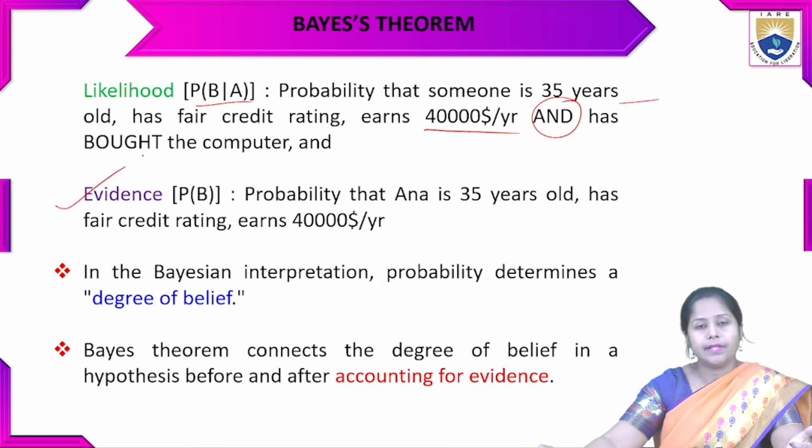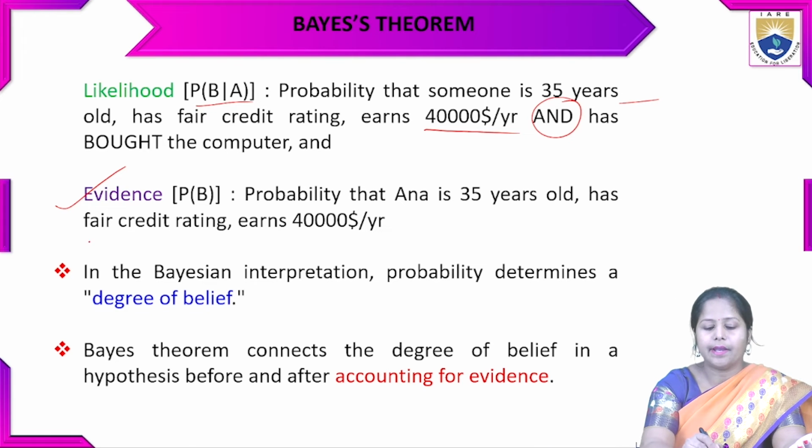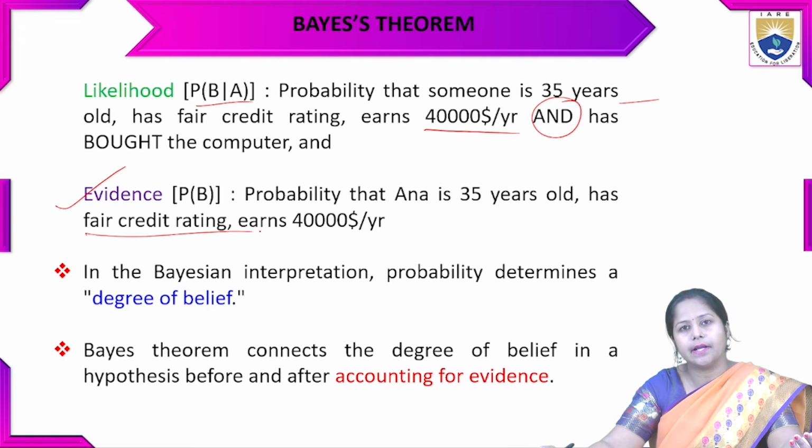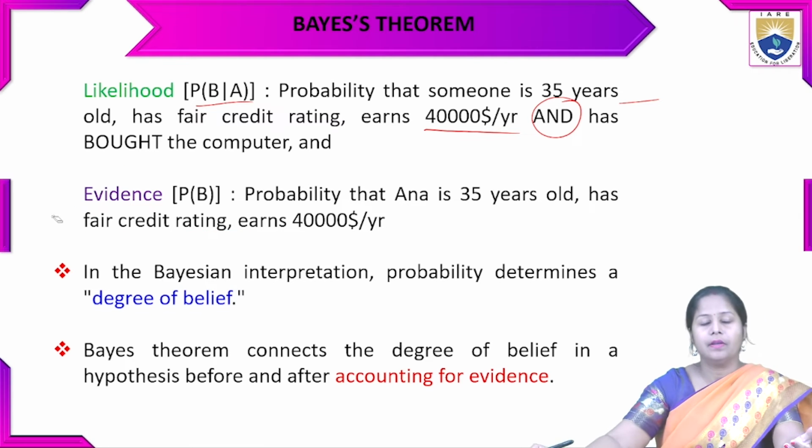What will be the evidence? P(B), which is written in the Bayes theorem. That is the probability that Anna is 35 years old, has a fair credit rating and earns $40,000 per year. So that will be the simple evidence for the other events.